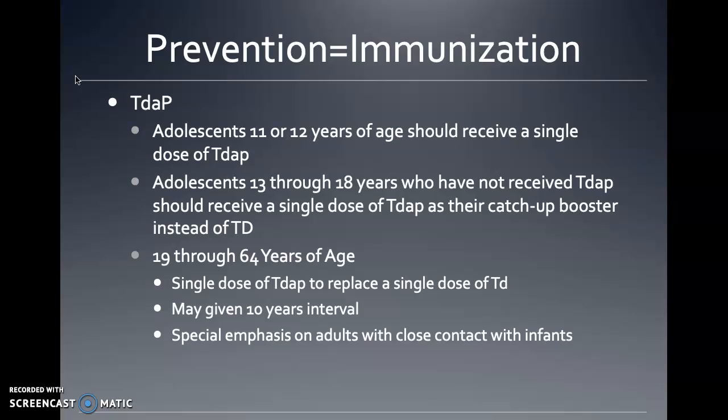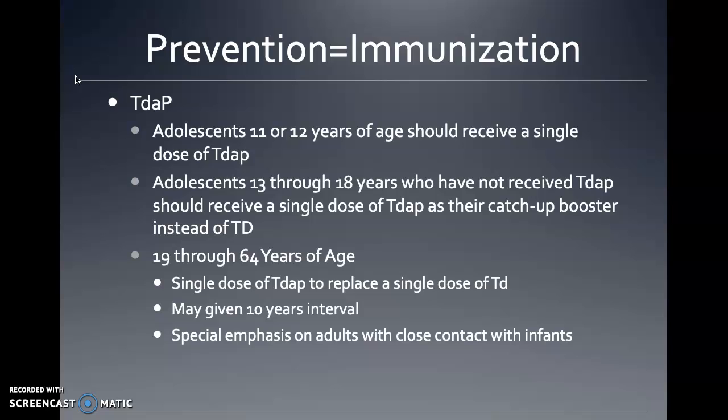Adolescents between age 11 and 12 receive a single dose of Tdap. Adolescents 13 through 18 years of age who did not receive it should receive a single dose of Tdap, catch up as a booster or instead of the Td.